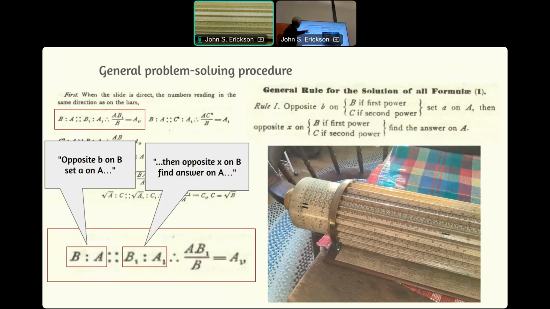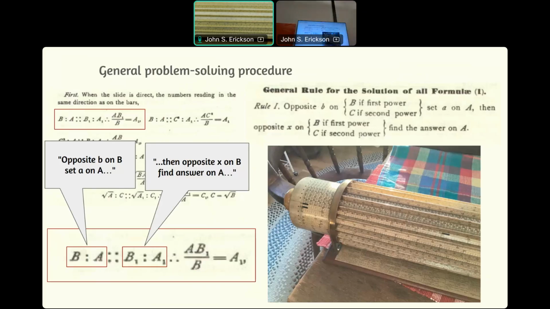He kind of views it as you're using this to solve an equation, and there's an A and a B, an A1 and a B1, and his instructions are: move the opposite B on the B set, opposite B on B, set A on A. So you first are finding a number.